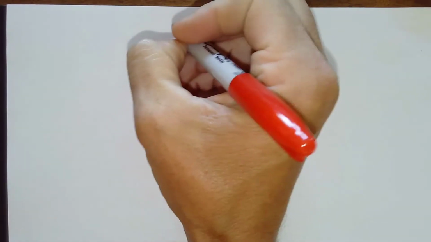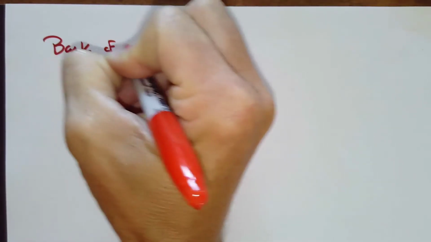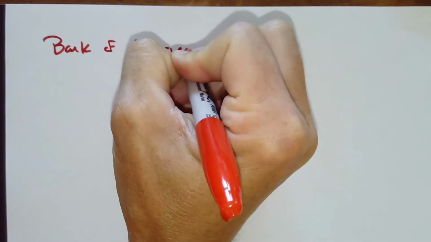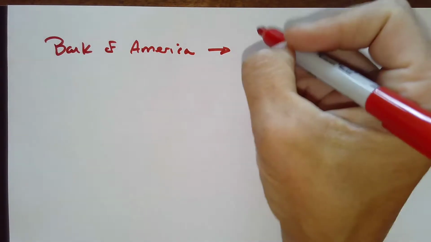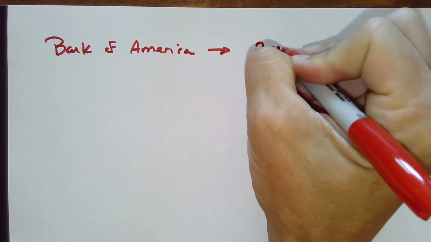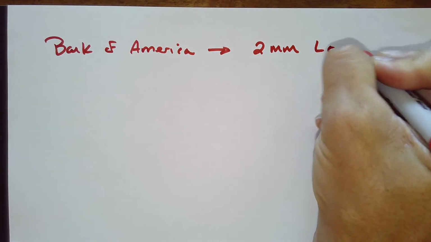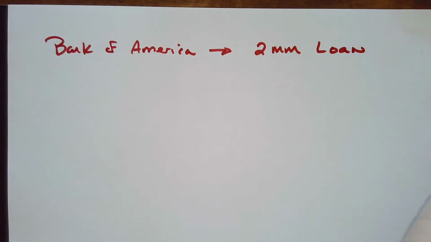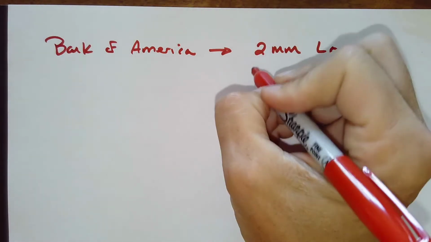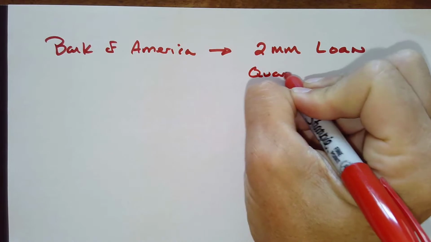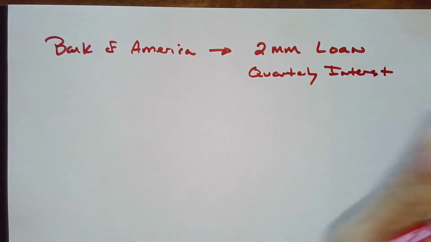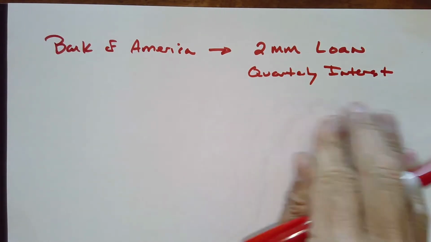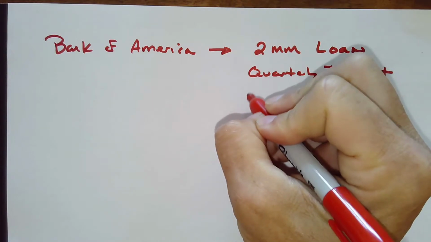that we went to the bank, we went to Bank of America, and took out a loan, right? Took out a $2 million loan that pays, we have to pay quarterly interest. And the interest rate is variable.